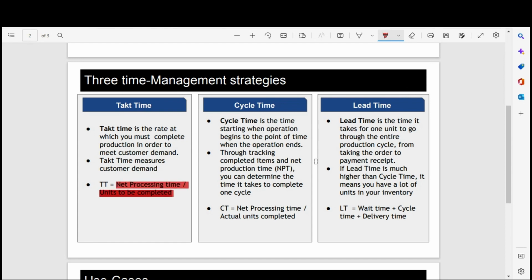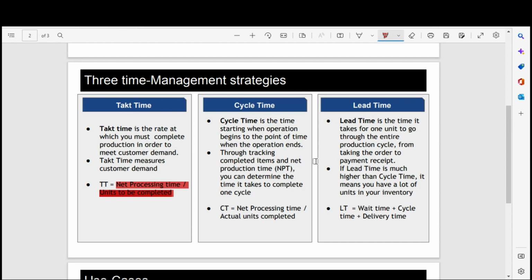Usually the shift time is 480 minutes, an 8 hour shift, and the customer is asking you to produce 60 production units, whatever it may be. So in this case, takt time is 480 divided by 60, which is 8 minutes per unit. So the takt time in this case is 8 minutes per unit.